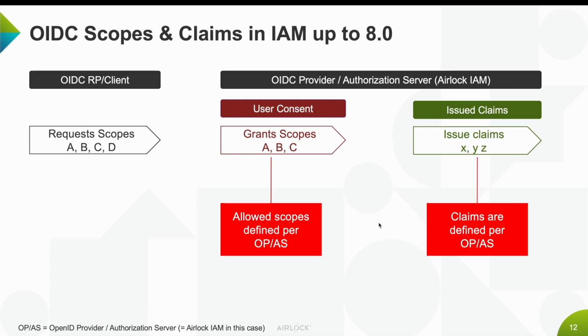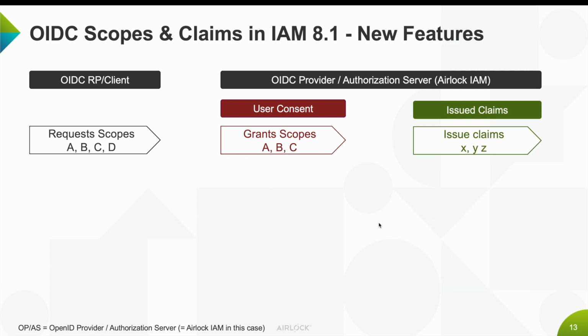Of course, they can contain the scopes or not, but it was, for example, not possible to issue a claim based on the presence of a scope or on the presence of 2 scopes together. So this resulted in multiple definitions or configurations of authorization servers if you wanted to handle scopes and claims differently per client. So this in some cases made configurations really big and unhandy.